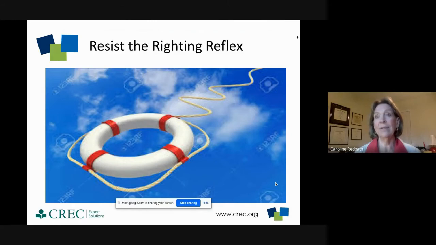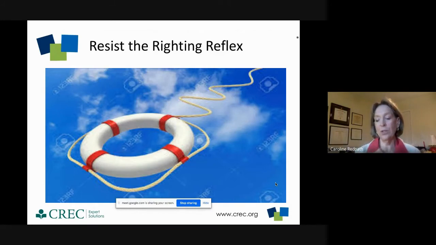Some of the researchers talk about thinking of the righting reflex as if we're on a slippery road, and it feels right that we want to turn the wheel of the car away to right it. But that will make us skid off the road.